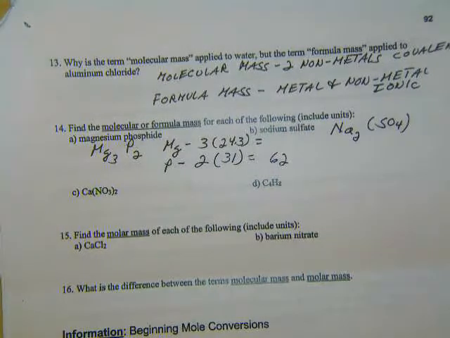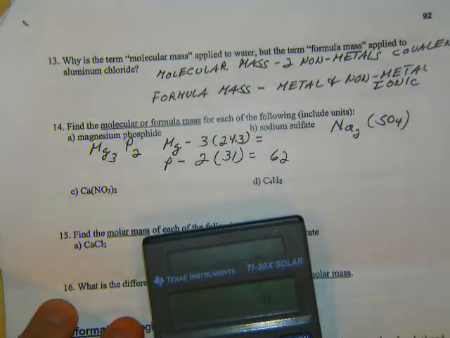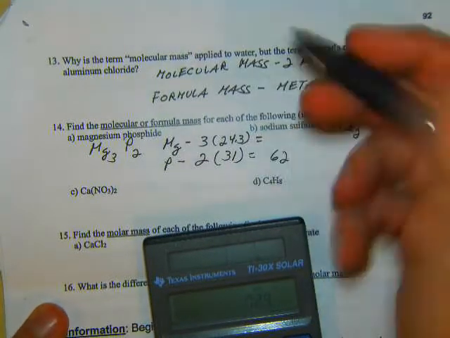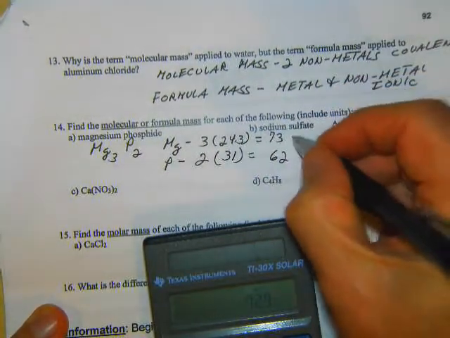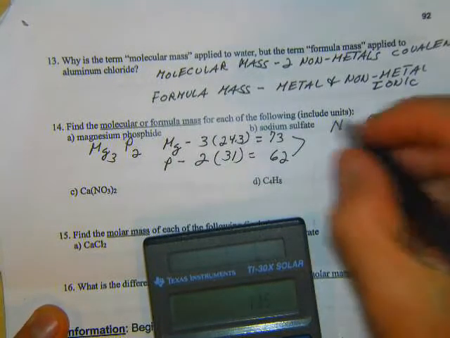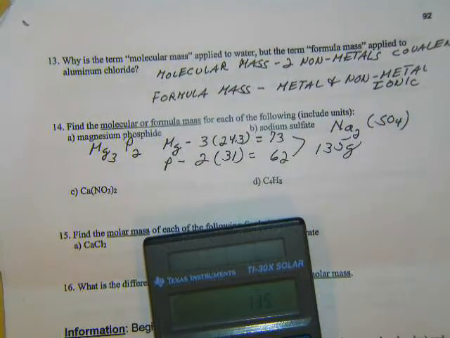And 24.3, let me get my calculator. Let's see, 24.3, and we've got 3 of them, times 3 equals 72.9. I'll be honest with you, let's just round that up to 73, and we can add those 2 together. So let's just go 73 plus 62 equals 135 grams when we talk about the mass.